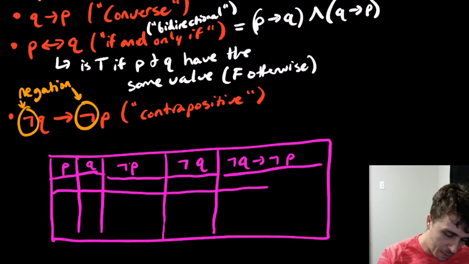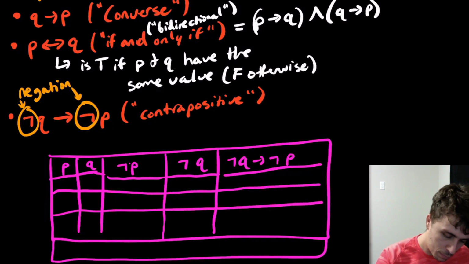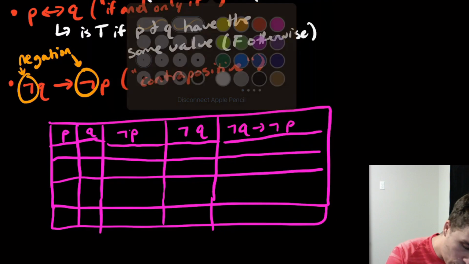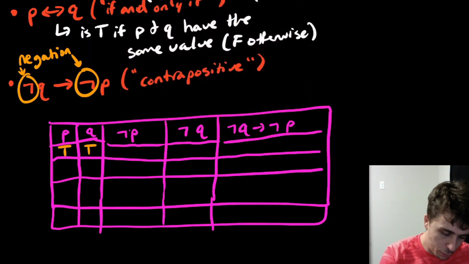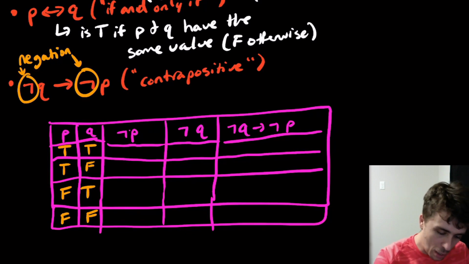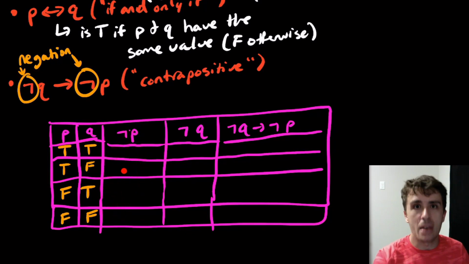Okay, so then I'm going to have my 4 rows, just like before. Make them big enough. All right, so here we're going to have our true, true, true, false. So this is unchanged right here. Now in this column, I'm just going to evaluate what not P is.